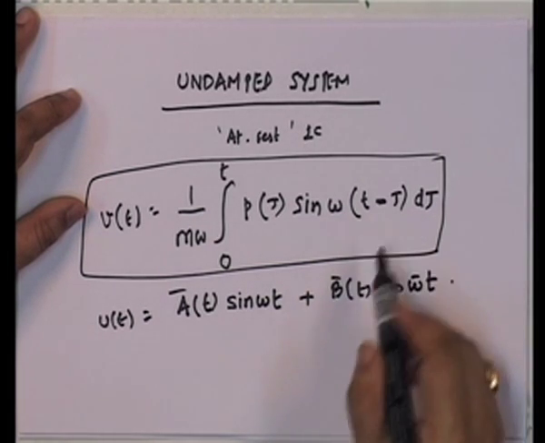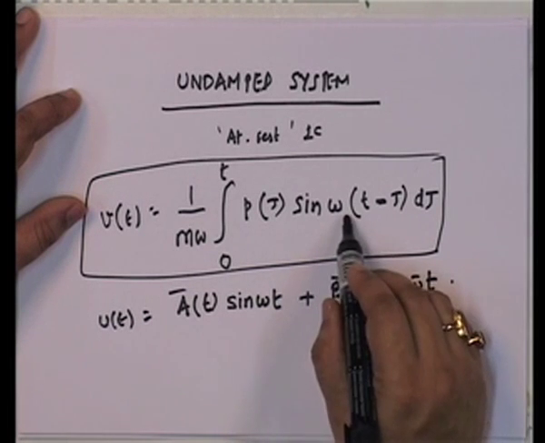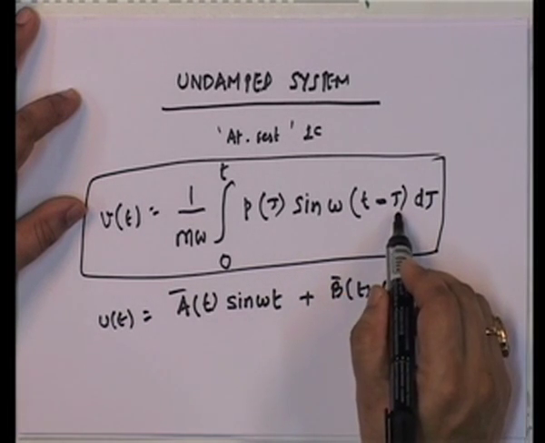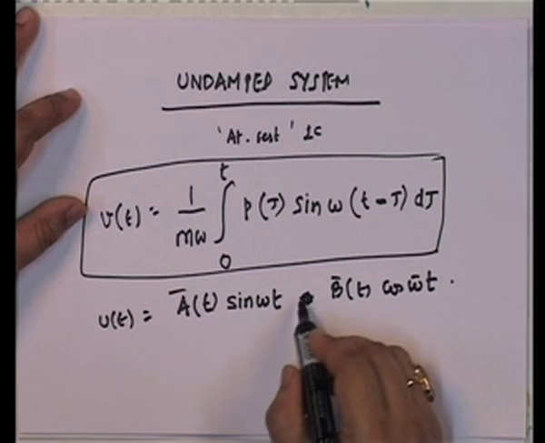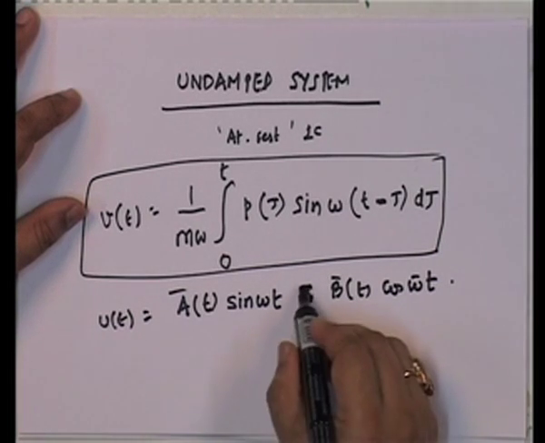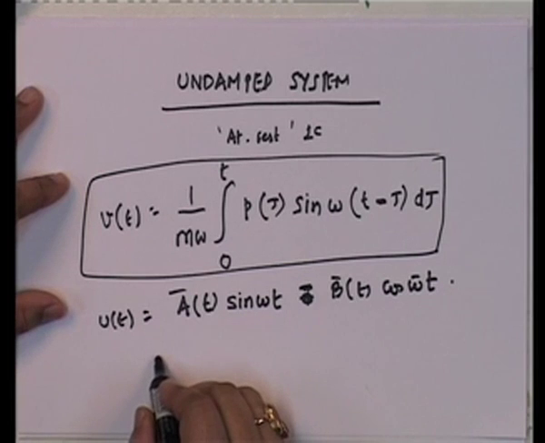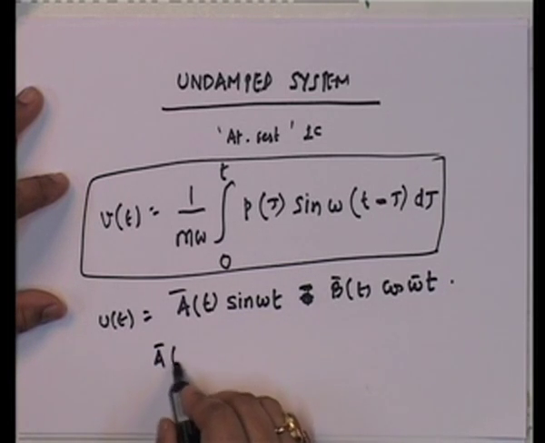And since this is minus, it becomes sine, cosine, and then it becomes minus. So I will keep the minus in here.